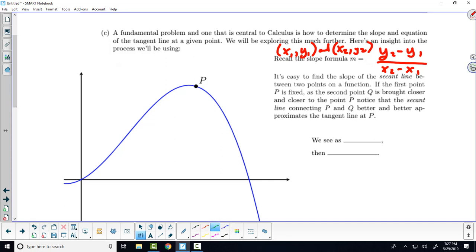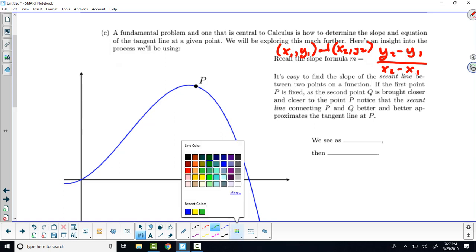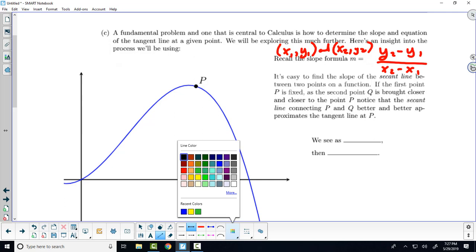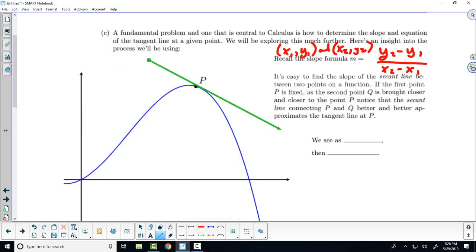All right. So let's go ahead and put up our general procedure. This is the idea that we're going to be developing over the next several lessons. So I'm after the slope of this tangent line right here.